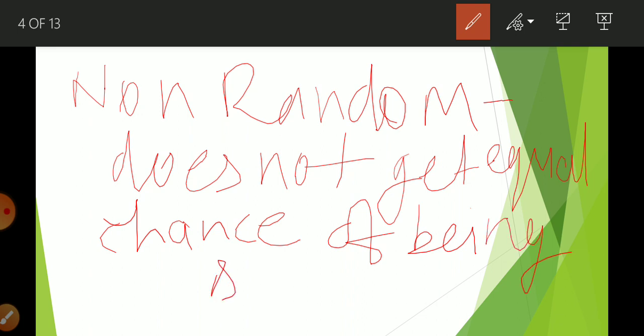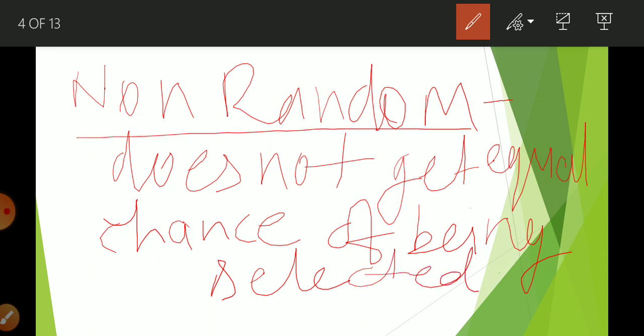So this is non-random sampling, that method in which every item does not get equal chance of being selected.